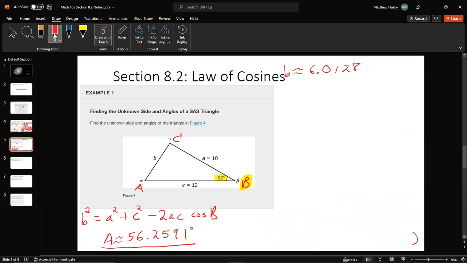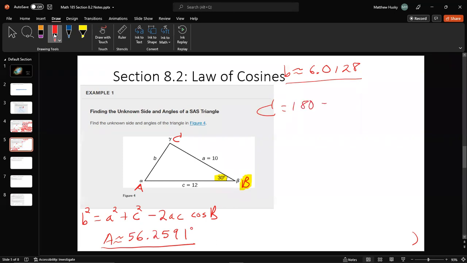So we know big A, we know little b, and then the last thing that we need is angle C. Now, the good news is we know that all angles are supposed to add up to 180 degrees. And we happen to have angle B already, which is 30 degrees.